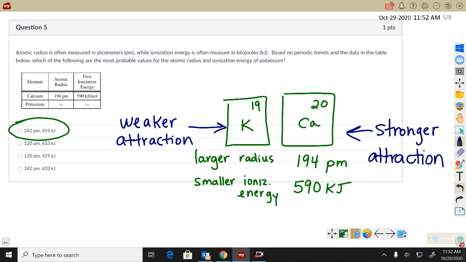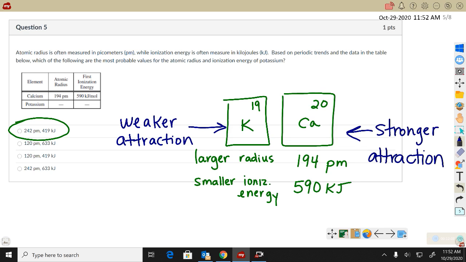And then ionization energy. Okay, if it's a weaker attraction in potassium, then it should take a little bit less energy to remove an electron from potassium. So I'm looking for something a little bit lower than the 590. Yeah, like 419. So again, it's not that the numbers or the units are that important.